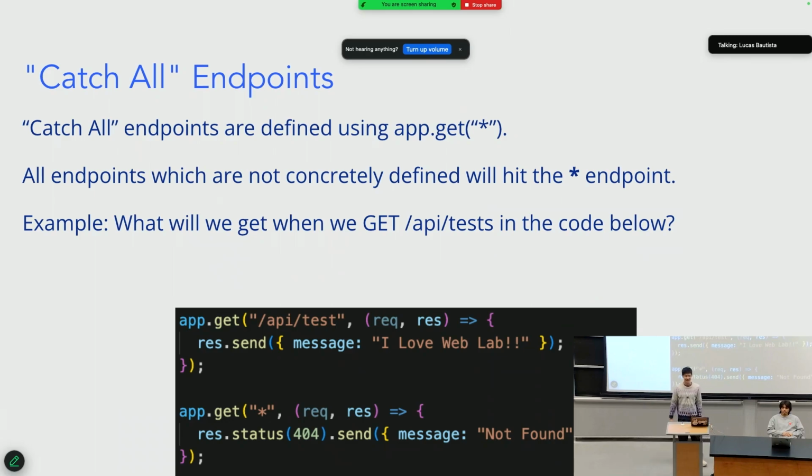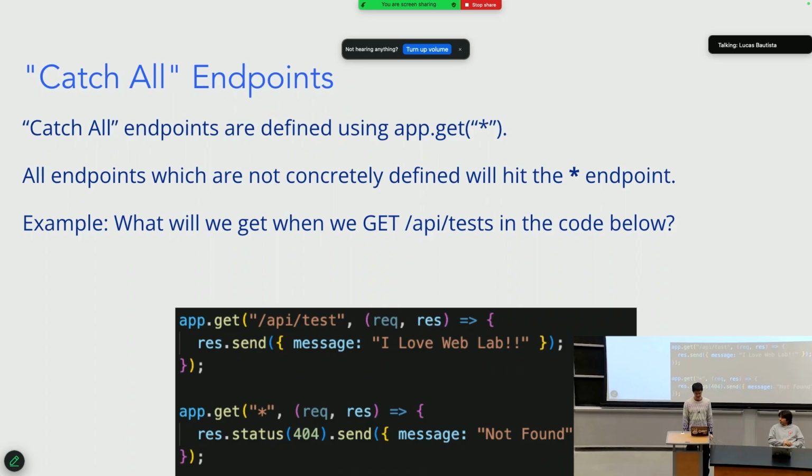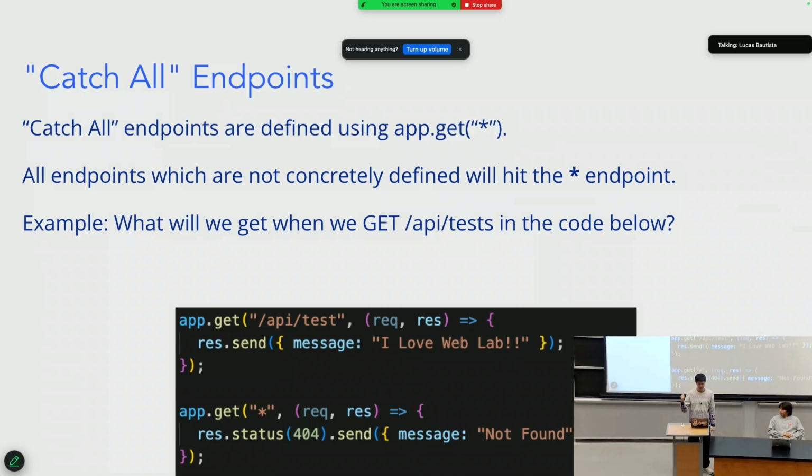Okay, I saw a mix. We're actually going to get the 404 not found because we misspelled /API/test here. If you're making a request to an endpoint and you misspell it, it's not going to hit the endpoint that you think you're hitting.